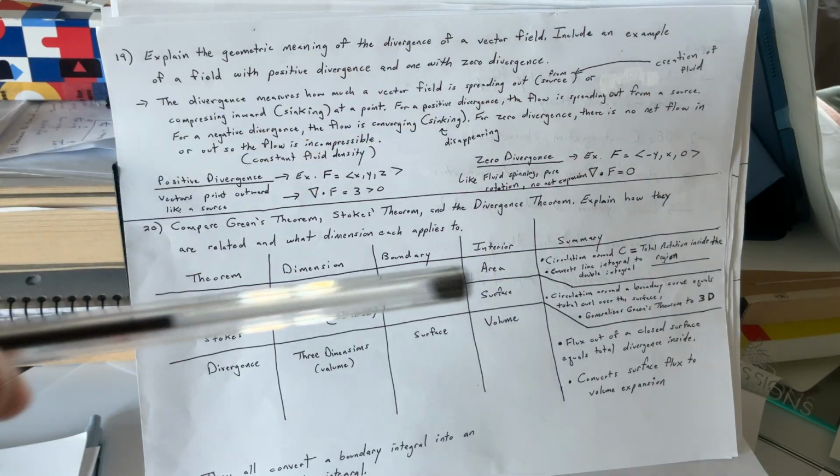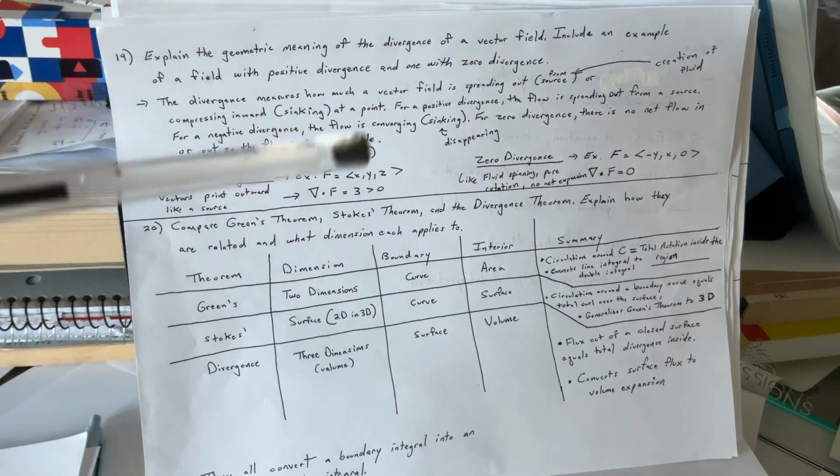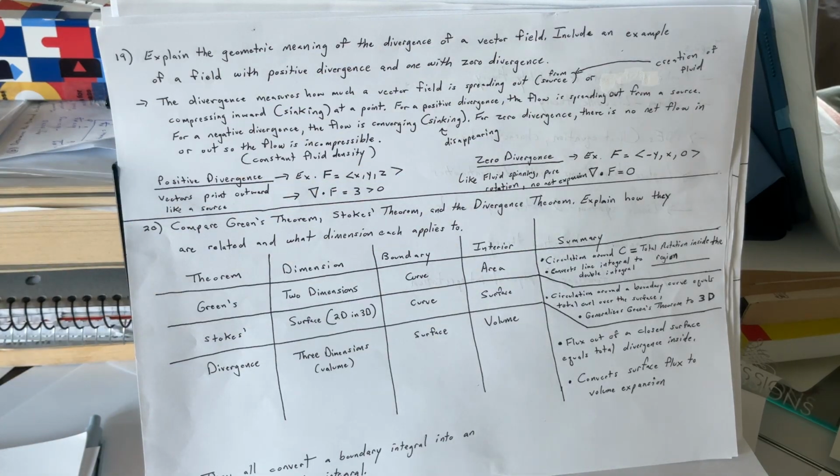So this zero divergence basically means you're going to get pure rotation around and around, no net expansion inward or outward for zero divergence. Okay, so that takes care of that. And go back and study, be able to explain that in detail. Okay, 19 is, it's good to have conceptual questions like that.